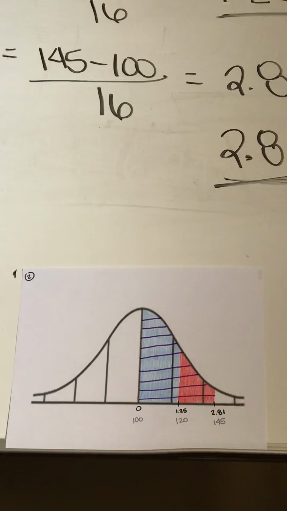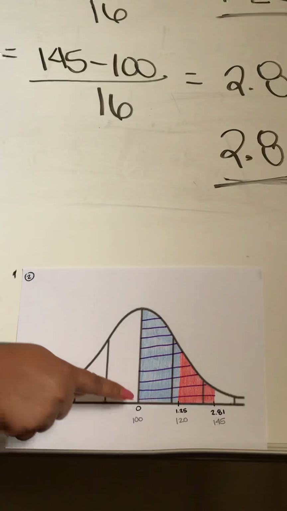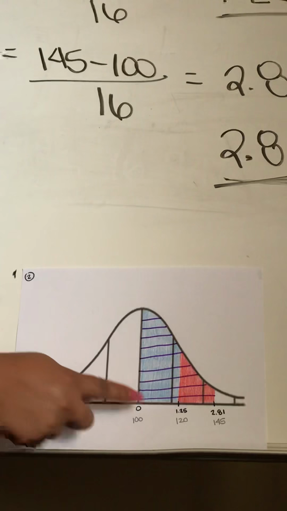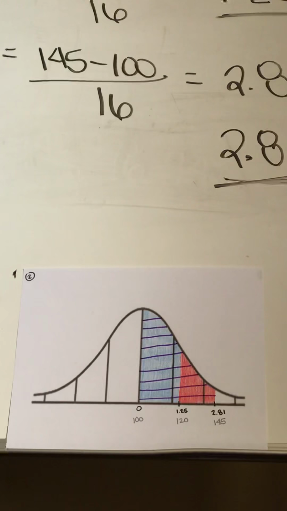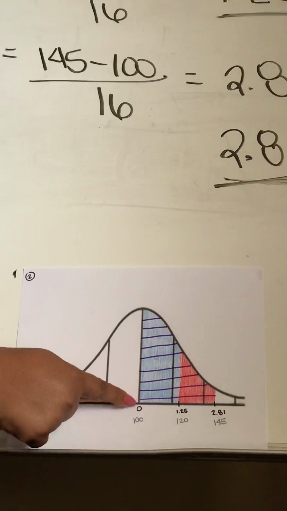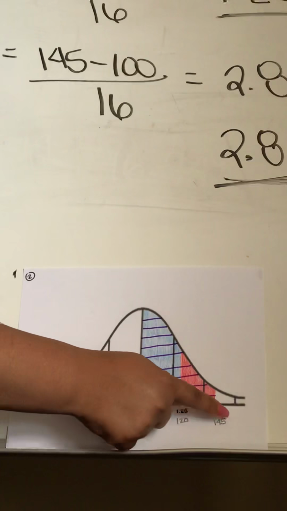So I can go and do the whole mean and z subtraction deal to get what I need, because I can find the blue piece. That would be the mean and z between 0 and 1.25. That I don't need though. I can go do the mean and z for 2.81.